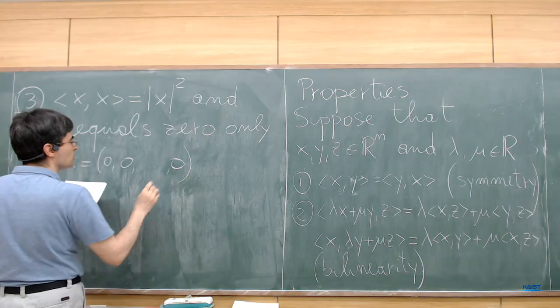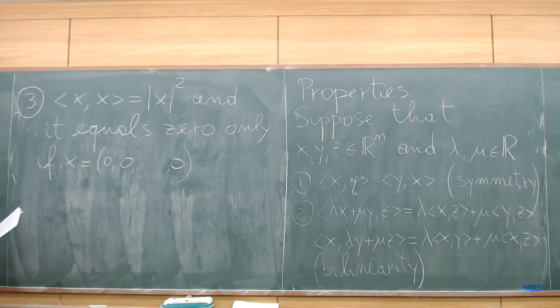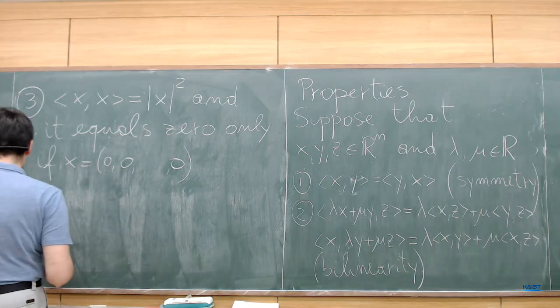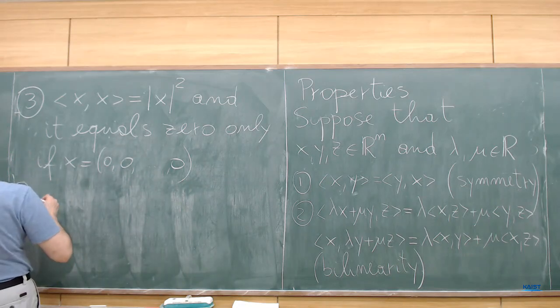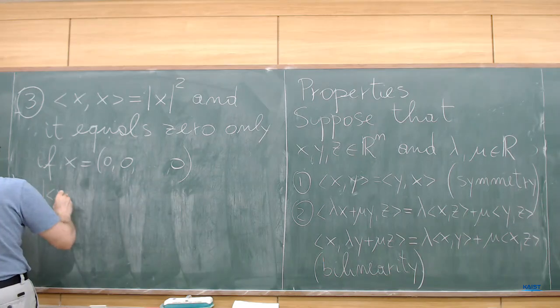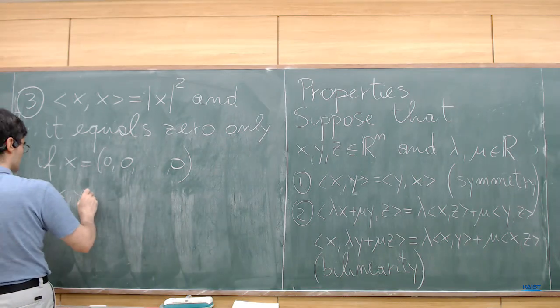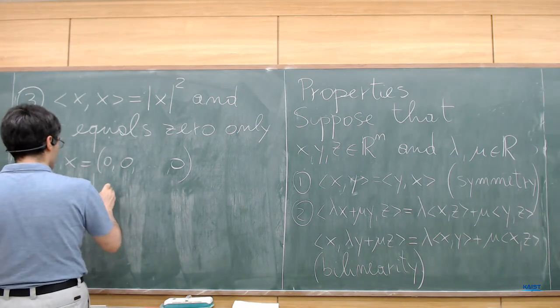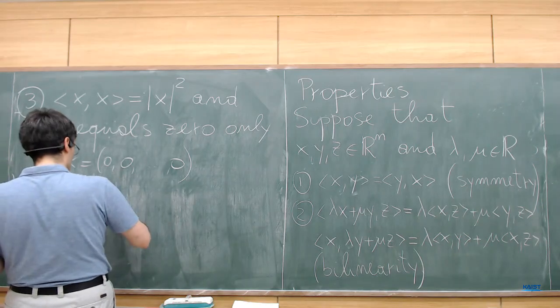This means that all of its components are equal to 0. The last one is known as Schwarz inequality, and it says that the absolute value of the inner product of two vectors is smaller than or equal to the product of the lengths of these two vectors.